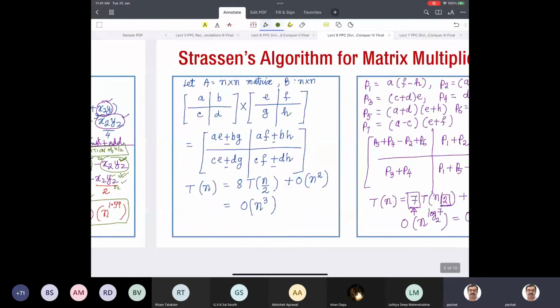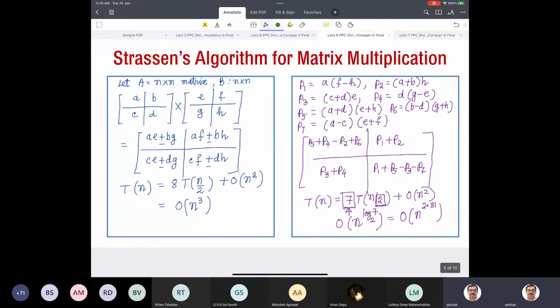This whole method is reused in matrix multiplication. This is the famous Strassen's algorithm for matrix multiplication.